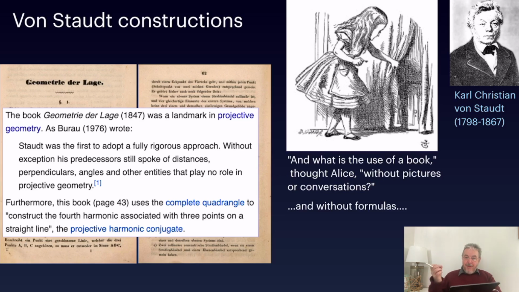So, what did von Staudt do? He gave an approach to projective geometry that does not rely on underlying notions of distance and coordinates. He constructed that intrinsically, coming from the field itself.